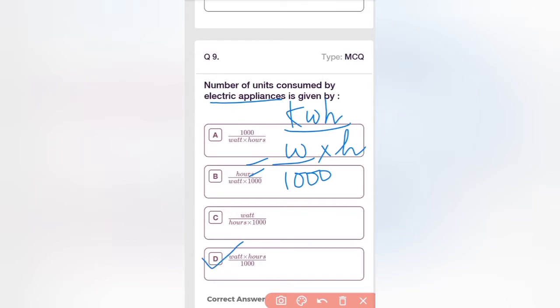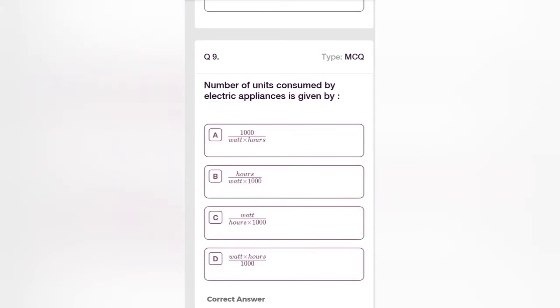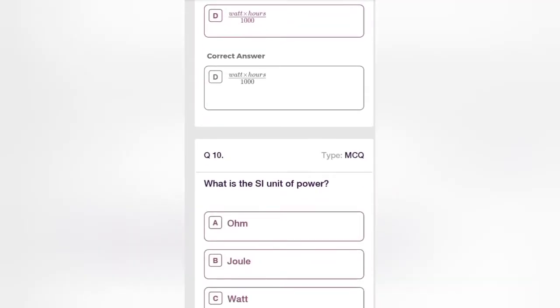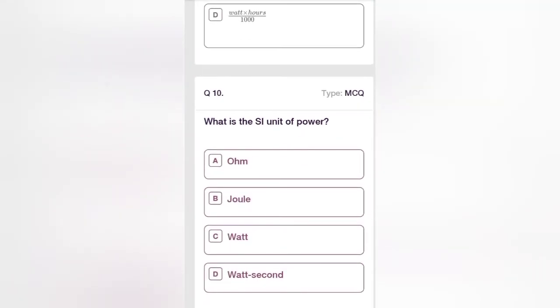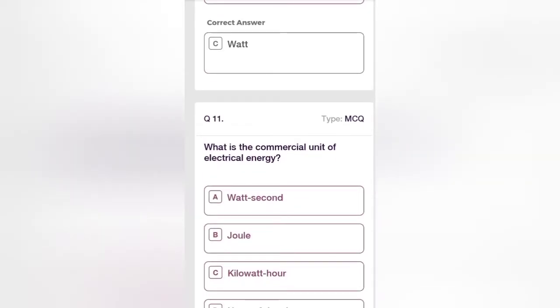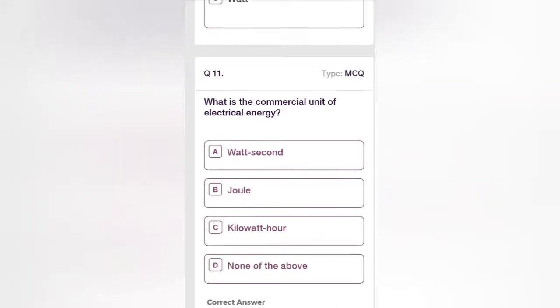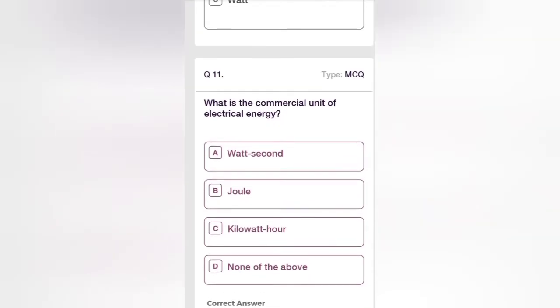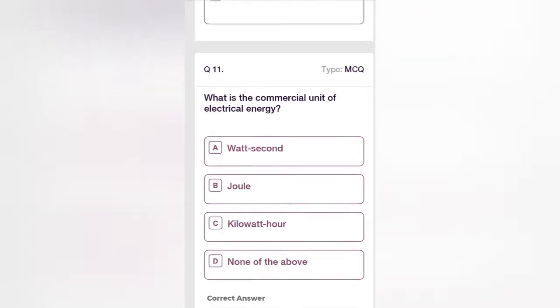So option D is the correct answer. What is the SI unit of power? The SI unit of power is watt. Option C is the correct answer. What is the commercial unit of electrical energy? The commercial unit of electrical energy is kilowatt hour, which we have already discussed.